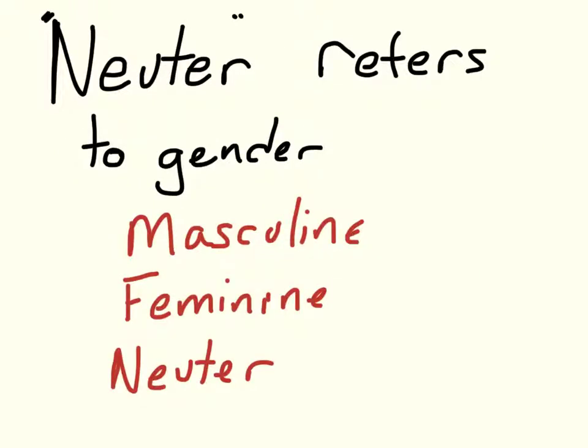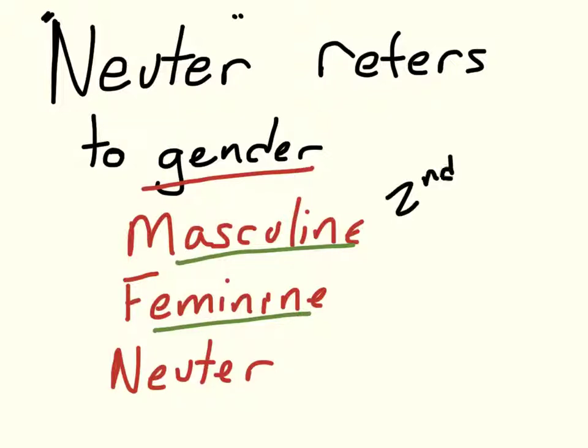refers to gender. You'll remember that we saw masculine and feminine nouns before. Masculine nouns are in the second and third declensions, mostly. Most of the second declension and some of the third declension are masculine.